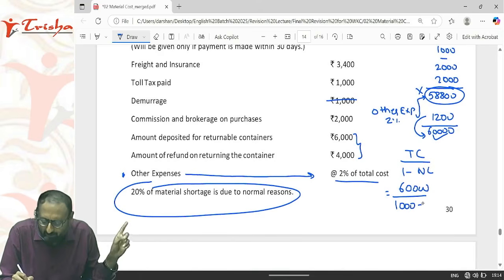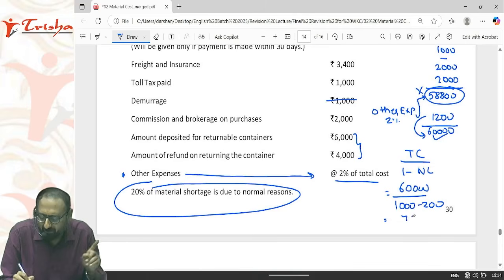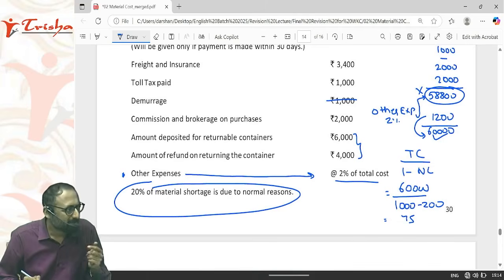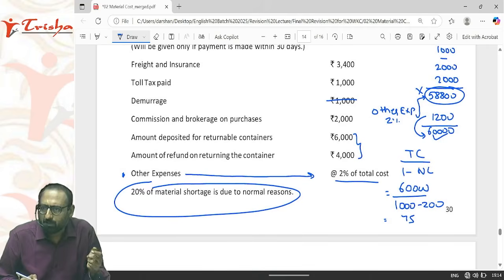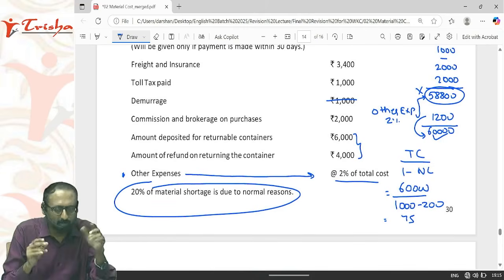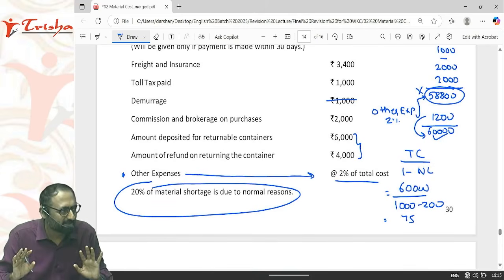How much normal loss? 20%, is it 200? Sir, 75 rupees is your cost per unit. Correct? One MCQ was asked by them: how many good units are left? 800, Sarji. How 800? 1000 purchased, 200 normal loss, 800 will be your answer. Correct guys?